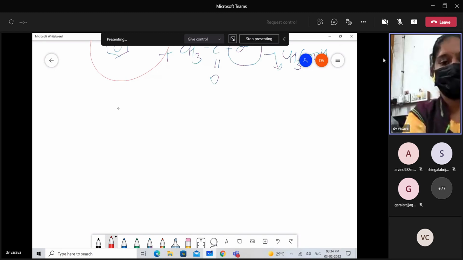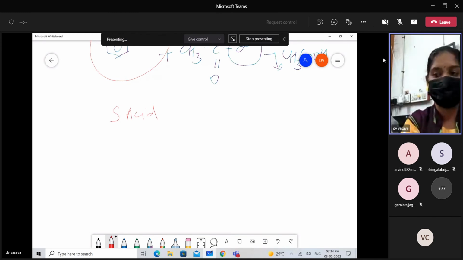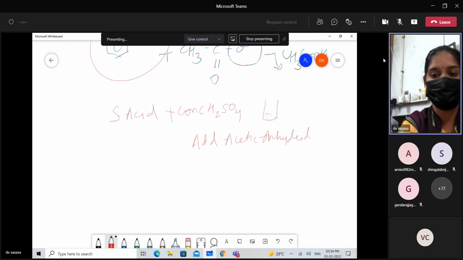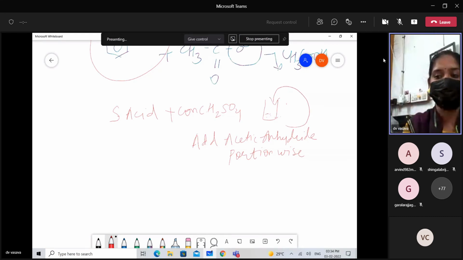So what we have to do is, first we have to take salicylic acid with concentrated H2SO4 in the conical flask. Then we have to add acetic anhydride portion-wise in this conical flask.